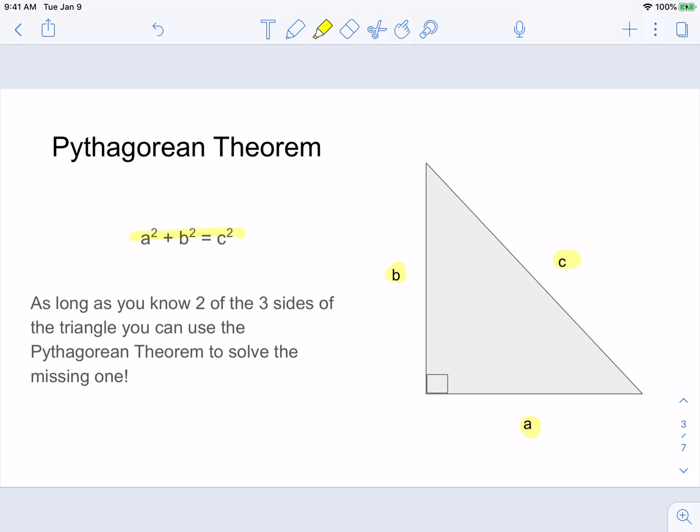The Pythagorean theorem is written as A squared plus B squared equals C squared. As long as you know two sides of the triangle, you can solve for the third. It might require a little algebraic manipulation of the equation, but that's not a big deal. So if you know two sides, you can find the third side of a right triangle using the Pythagorean theorem.